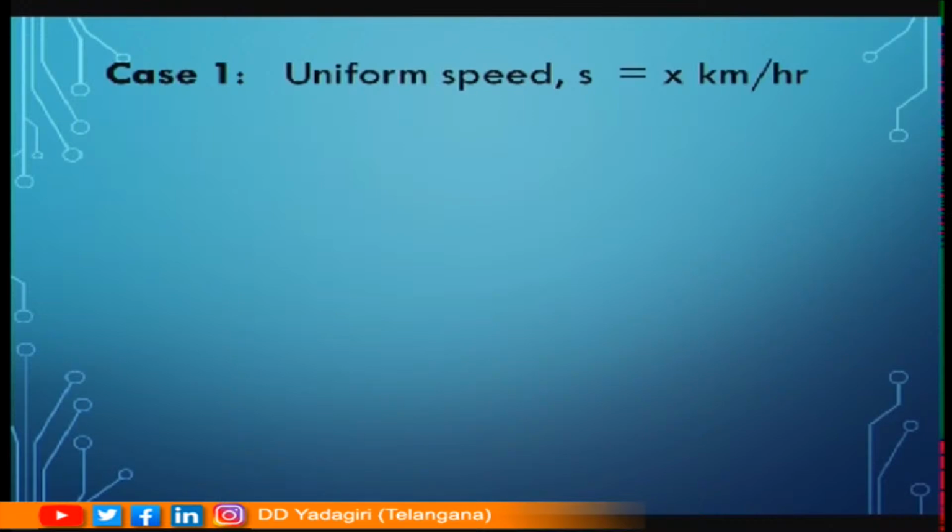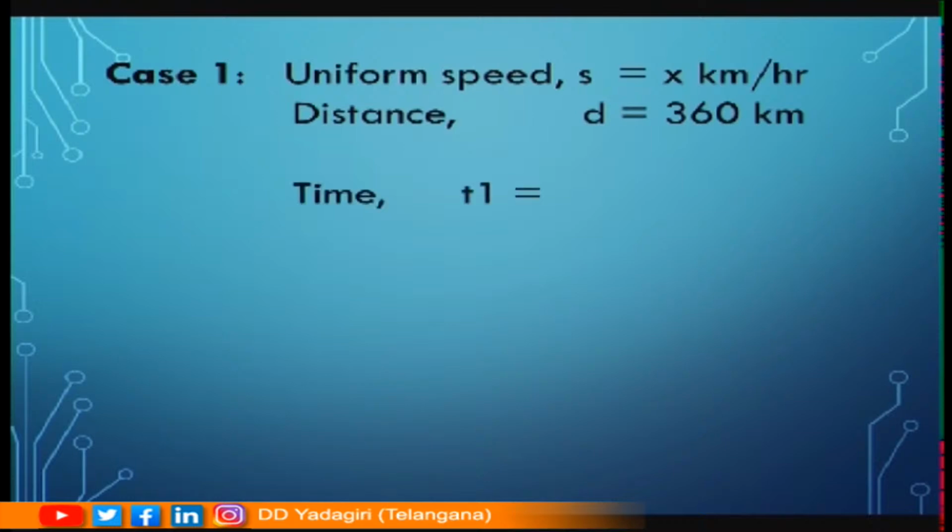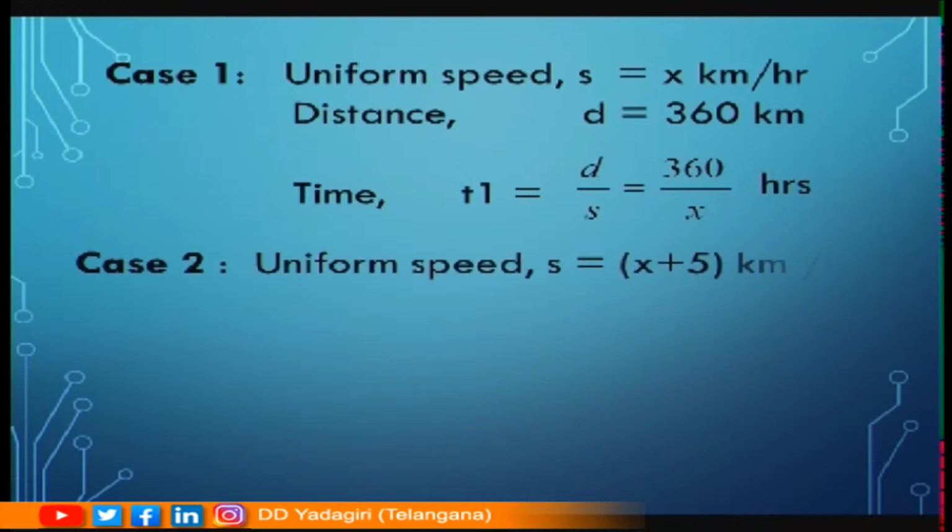Case 1, when the train is travelling with a uniform speed s, let me consider it as x kilometers per hour, and the distance given to us is 360 kilometers, and we know time t1 is equal to distance by speed, which is equal to 360 by x hours. Now, in the question it is given the speed has been increased by 5 kilometers per hour more. So, that comes for case 2.